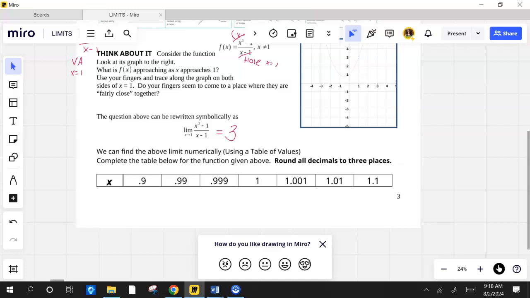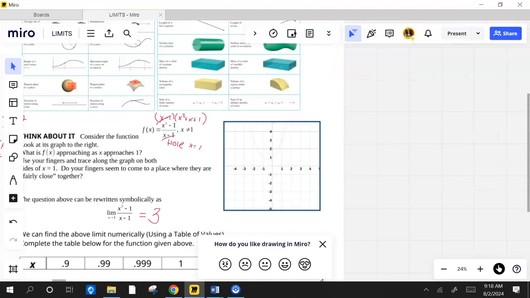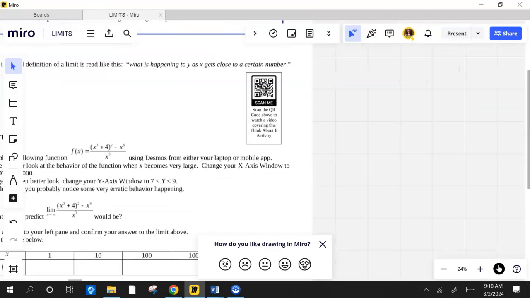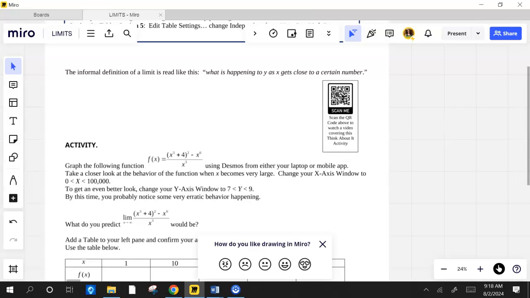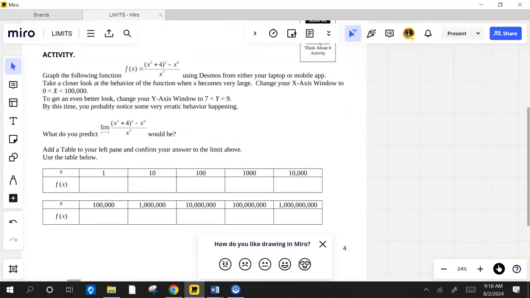Flip it over. We're going to do the one on the other side. Logan, shut up. Here we go. This is the one we're doing together. Find it in your packet, or you can look up here at mine.